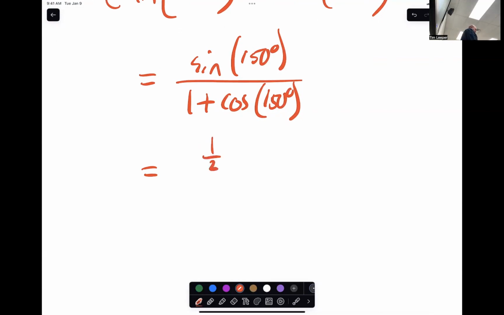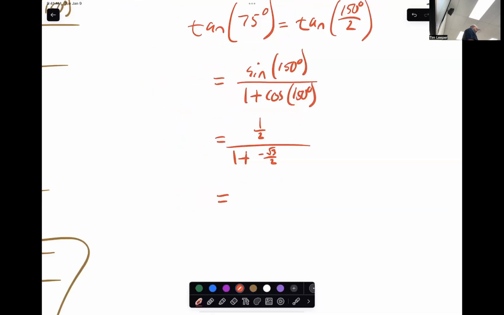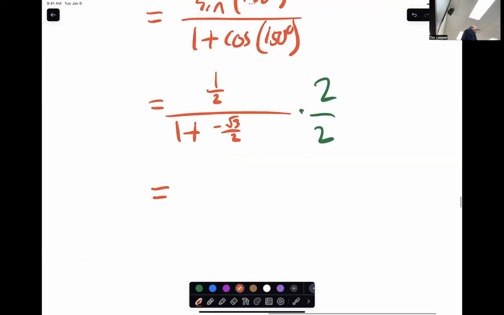Good, 1/2. All over 1 plus cosine of 150 degrees, which we already determined was negative square root of 3 over 2. So notice that if I multiply both the numerator and denominator by 2 here, that's going to give me 1 over 2 minus the square root of 3.